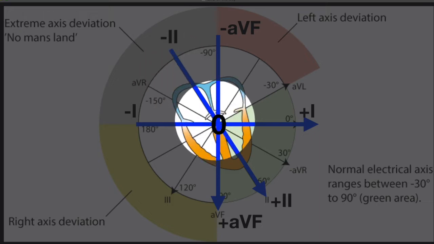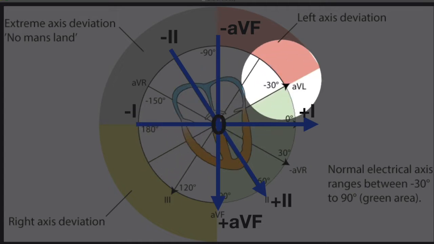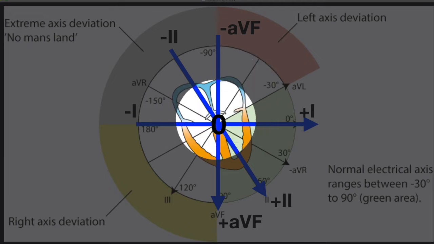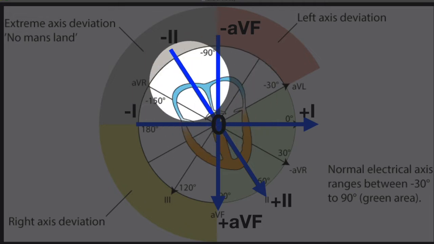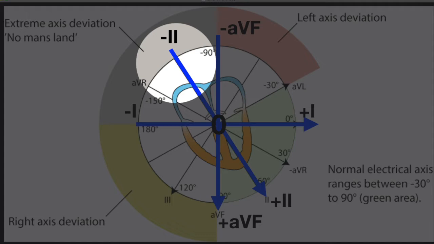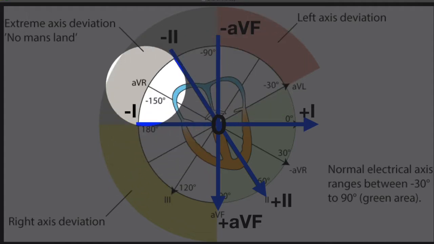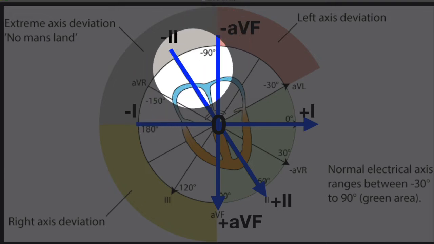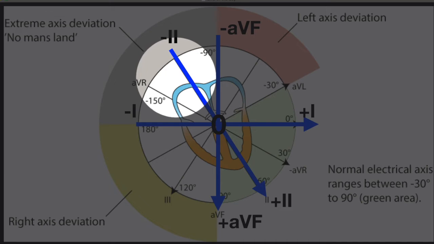Here's 2, and the 0 line is the one that runs along AVL, so it has to be up here someplace on this side. So it has to be over here based on 1, up here based on AVF, and over here based on lead 2, which means the only place it really can be is right up here in this area of extreme axis deviation, or no man's land.